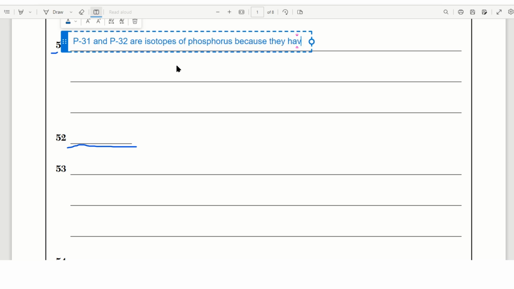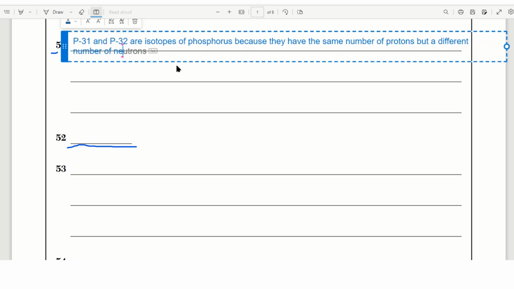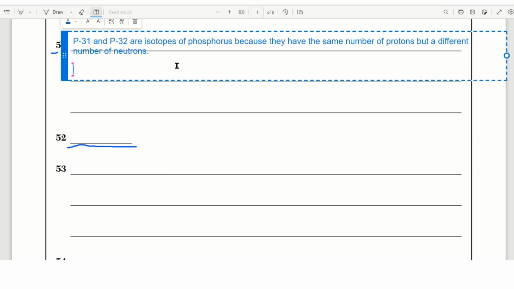because they have the same number of protons but a different number of neutrons, right? We had to mention both protons and neutrons. Another acceptable answer, not written out: same number of protons and different number of neutrons.